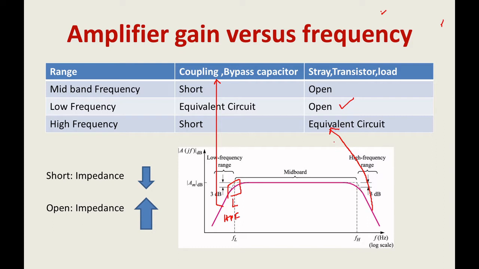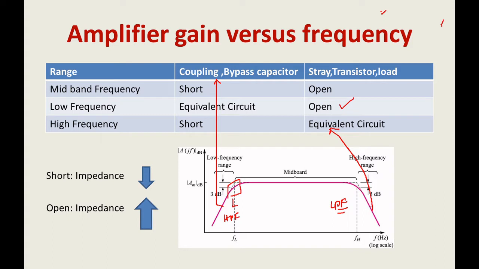The capacitance occurring at higher frequency is connected in parallel with your circuit, like a parasitic capacitance: transistor capacitance, stray capacitance, load capacitance, everything in parallel. So it is something like a low pass filter. That means there is a limitation in the higher frequency and no limitation in the lower frequency. That's what you want to understand.